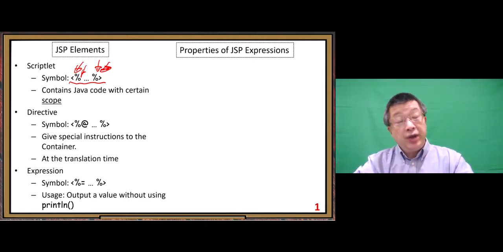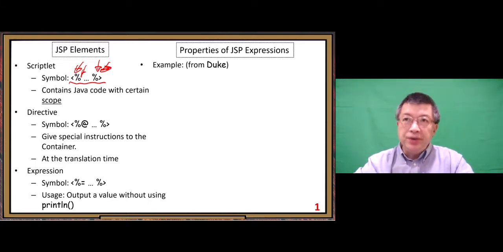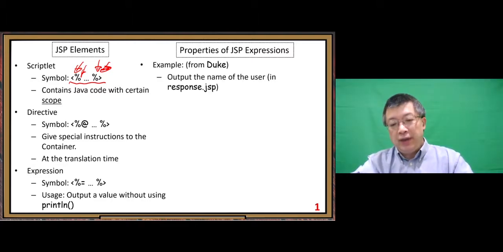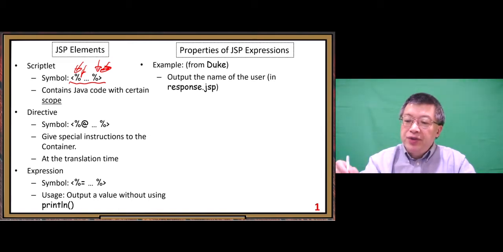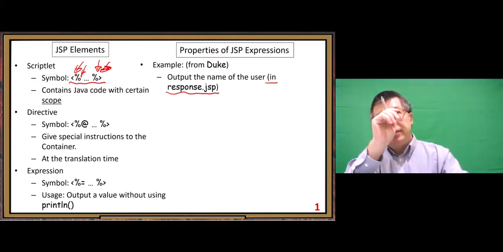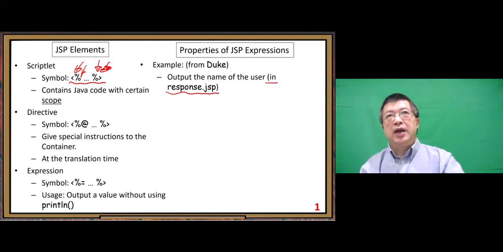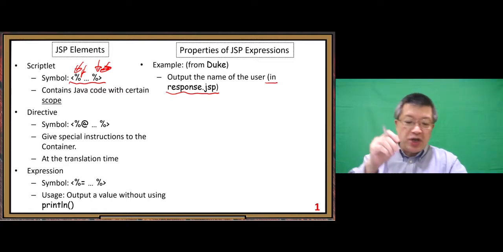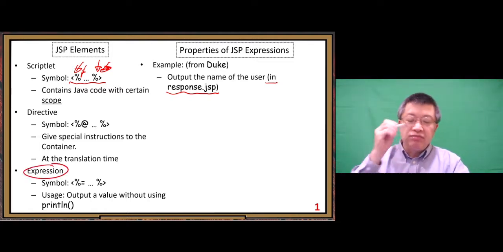Here, we still use our Duke example. In our Duke example, we output the name of the user in response.jsp. How do we output it? Using a JSP expression.